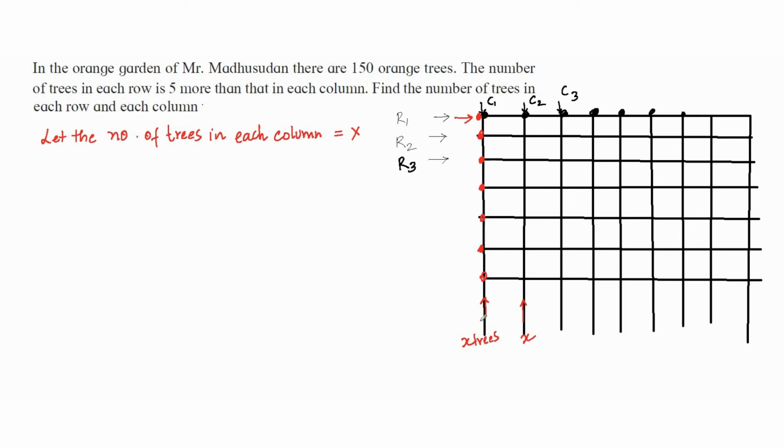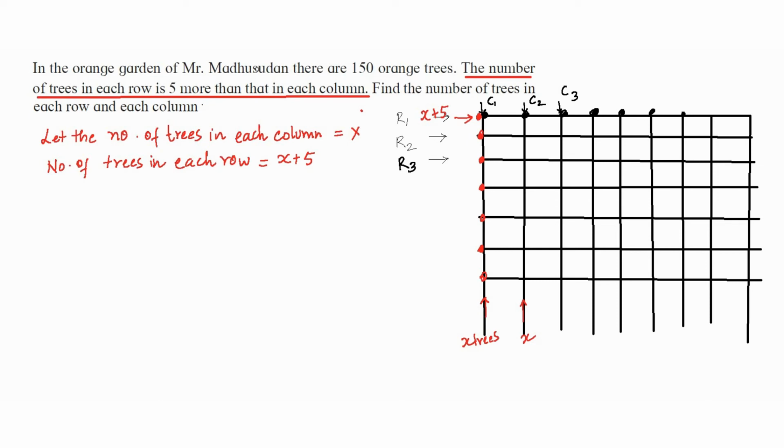So if there are x trees in the first column, there are x plus 5 trees in each row. So I can say that the number of trees in each row is going to be x plus 5, because that is the condition that is given to me over here.